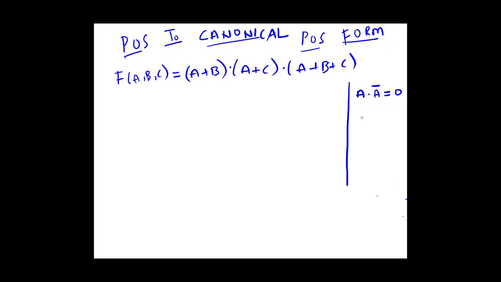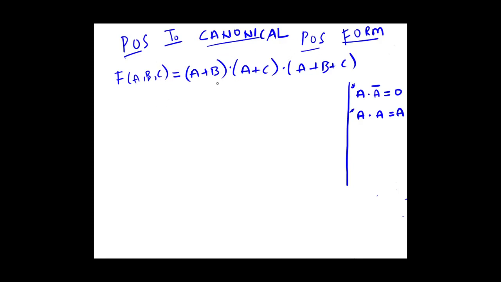Another one is A into A is equal to A. These are the two important laws we use in converting POS form to canonical POS form.